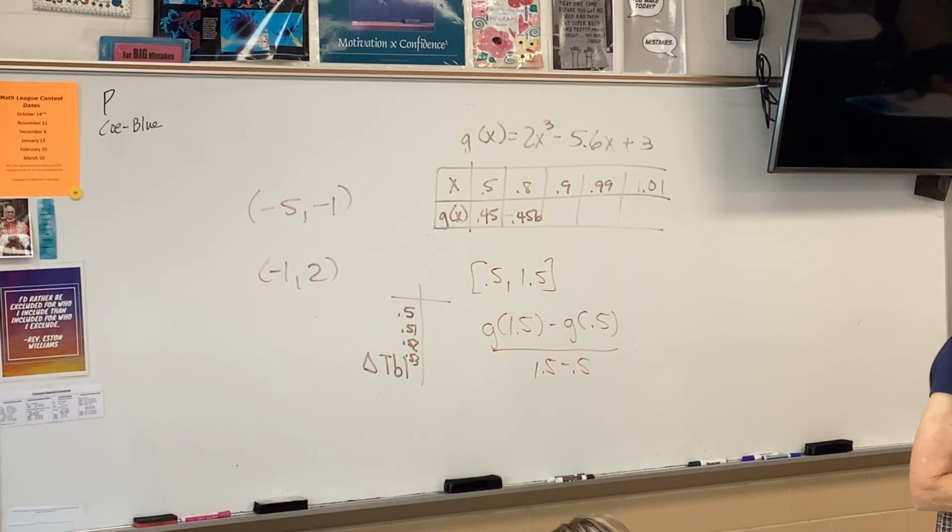Leo: 8, because the rate of change is decreasing by 2 every interval. Okay, did you notice that? That we're going down by 2 in every interval? Okay, perfect.